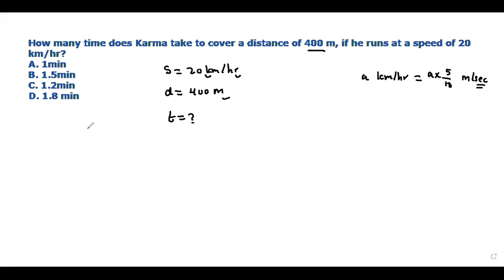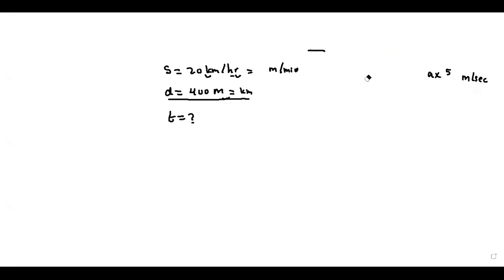There are many ways you can do this. Either you directly convert the hour into seconds, or you convert this into meter per minute, or you convert this into kilometer. Which one will be easier? Obviously, this will be much easier.